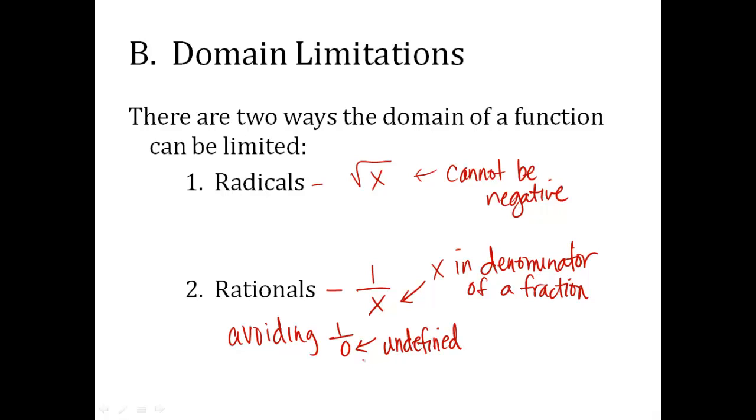We don't want our function to be undefined, so that will limit our domain. Here we're avoiding a negative under the radical. Here we're avoiding a 0 in the denominator. So these two things will limit the domain on a graph. It'll cut it off.